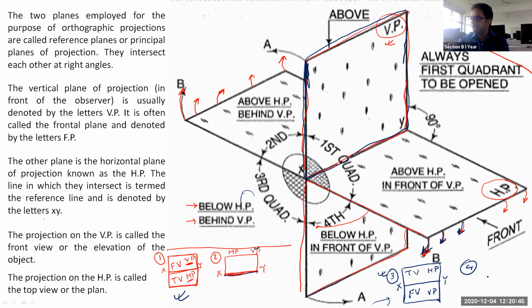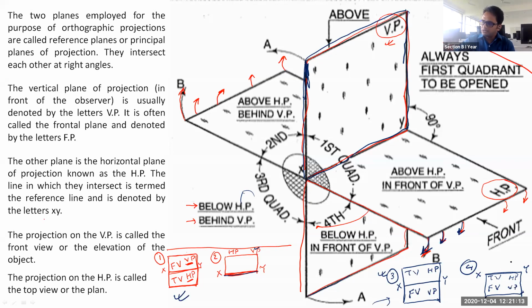Okay, so this time what we will get, this will be your reference line, and both HP and VP will be below your reference line. This is your X, this is your Y, and both will be below your reference line. So top view and front view projections, both you will get below your reference line.